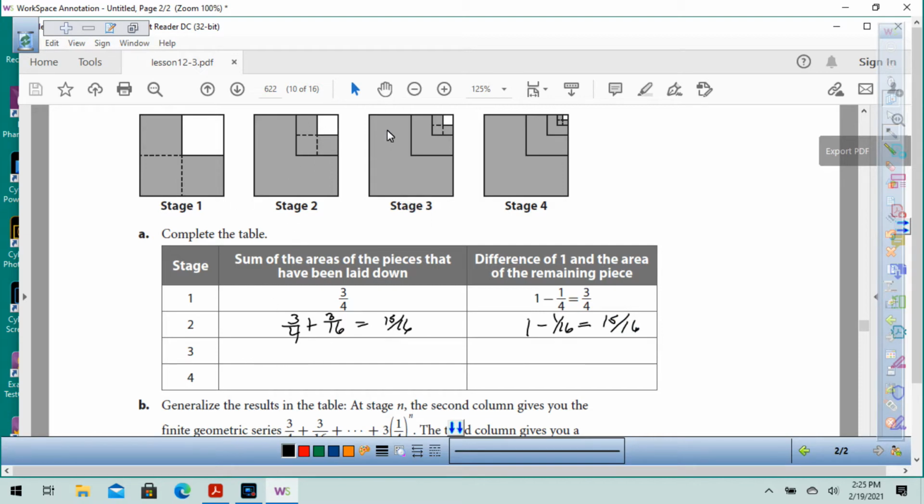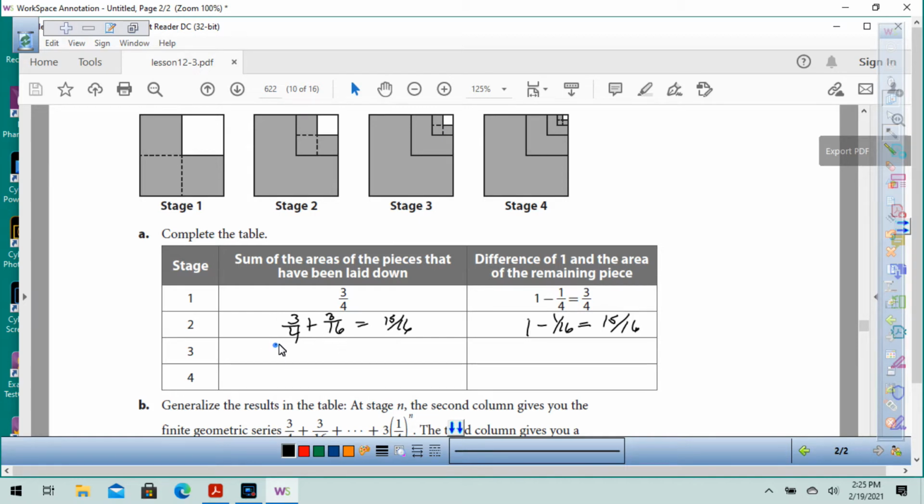Stage 3, so this was 3 quarters, and that was 3 quarters of that, which was 3 quarters of 1/4, which is 3/16. This is going to be 3/64.